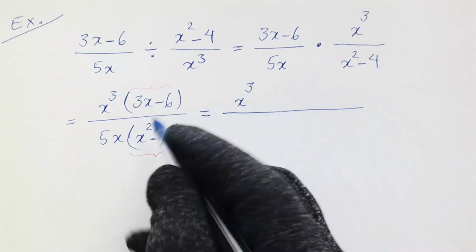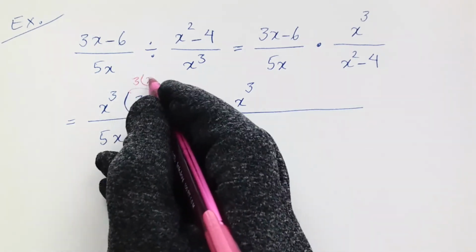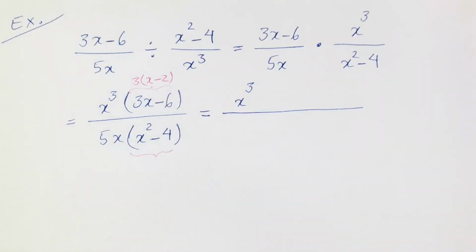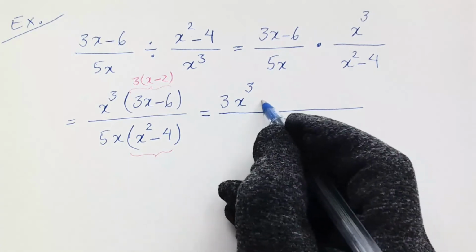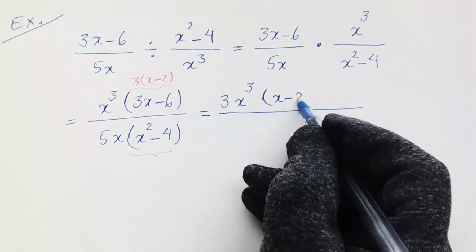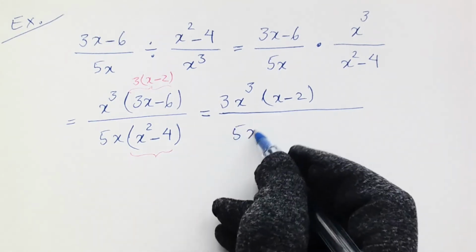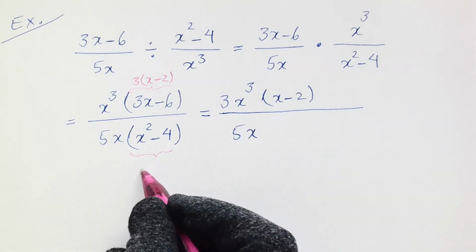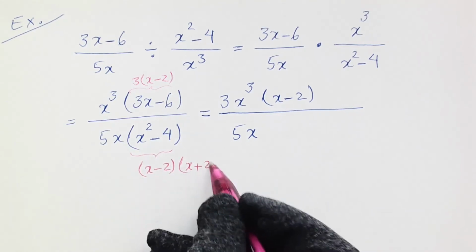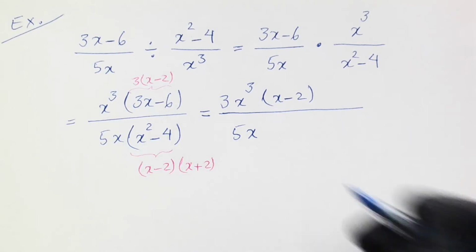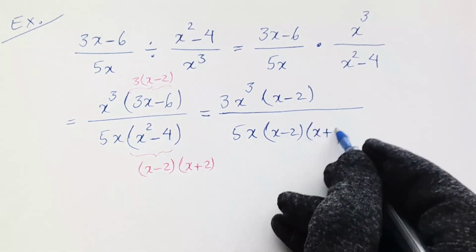So it is going to be 3 times x minus 2. Because 3 is a number, it's okay that I write it before x cubed times x minus 2. In the denominator, 5x. Now x squared minus 4, we can write as x minus 2 times x plus 2. So it's 5x times x minus 2 times x plus 2.